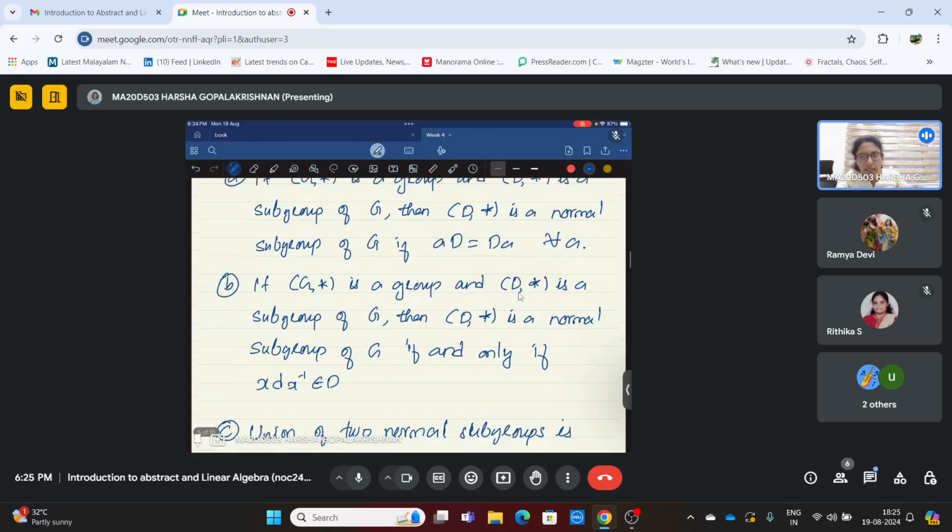Now the second one is, if G star is a group and D star is a subgroup, then D star is a normal subgroup if and only if XDX inverse belongs to D for all X in G and D in D. What about this one?